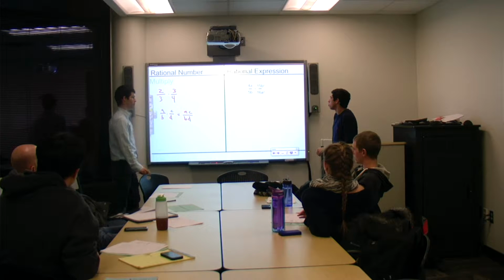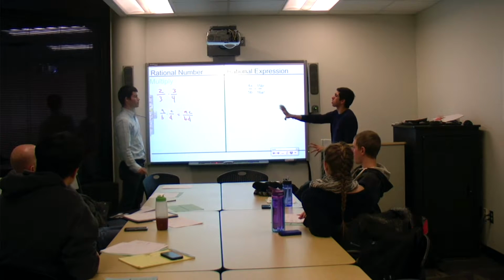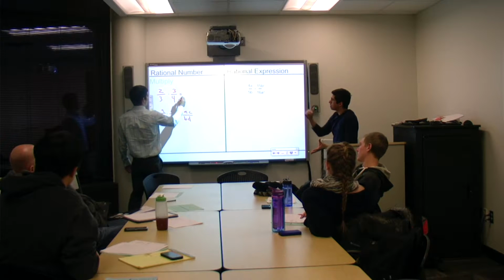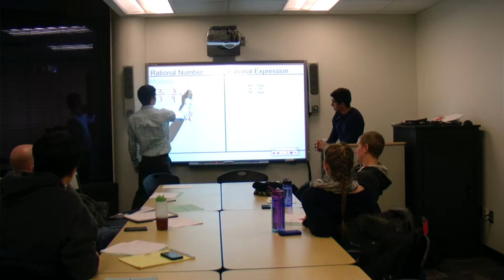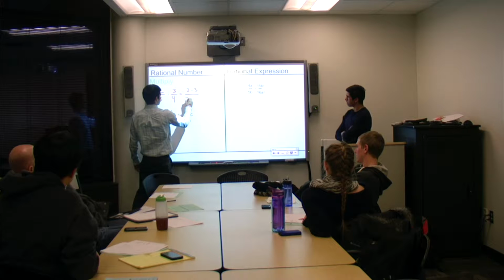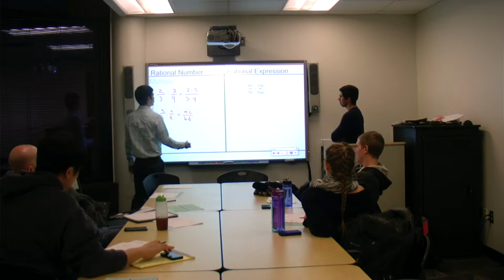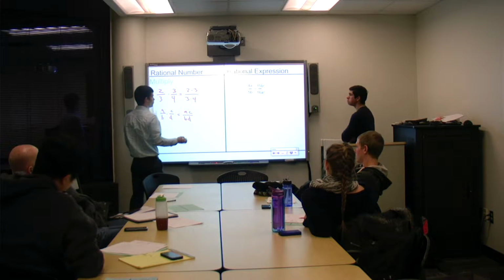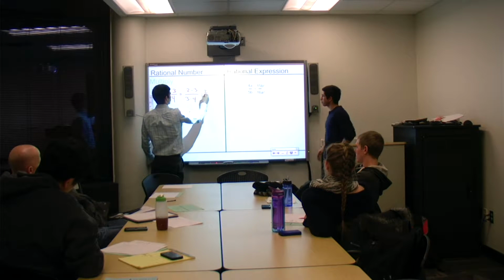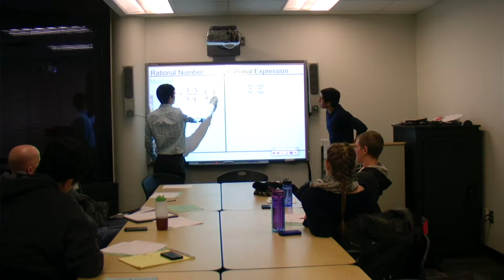So you're multiplying across, the numerators together and the denominators. Exactly, so this is 2 times 3 over 3 times 4. I can rewrite this as 2 over 4 times 3 over 3.